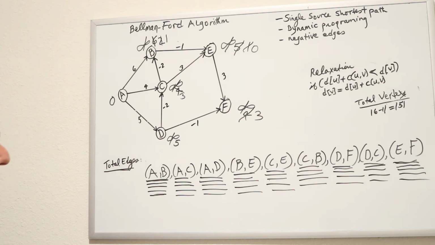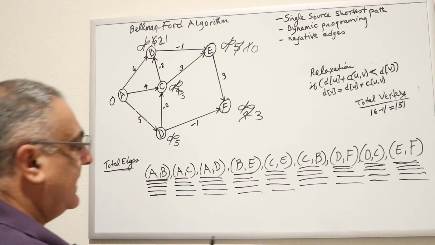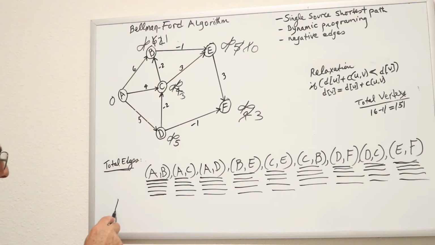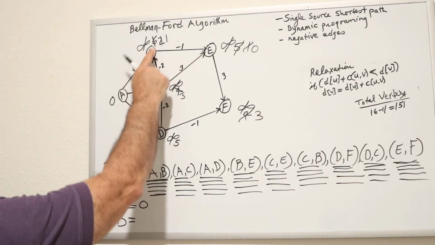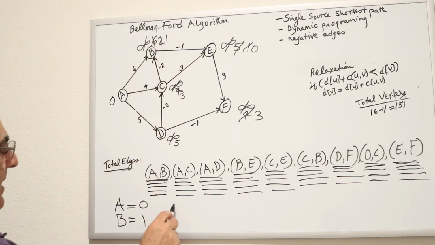That's it, we're done. So all I have to do now is read off my vertices. So if we look at the table, what is A? That's a 0. How about B? B is 1. How about C?